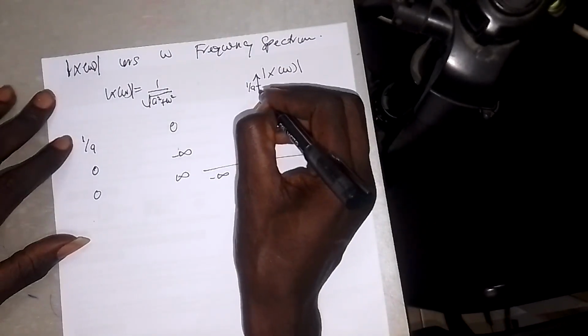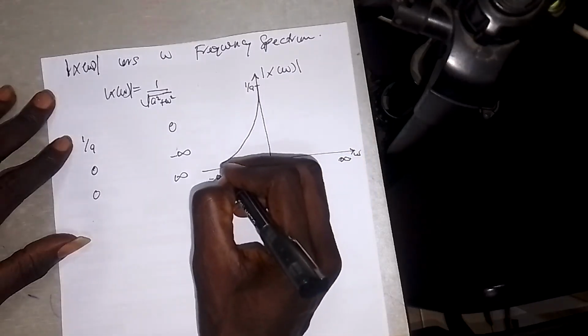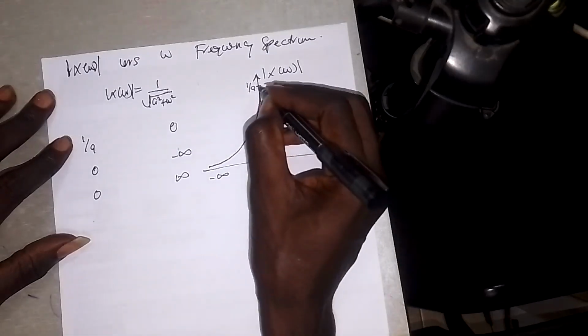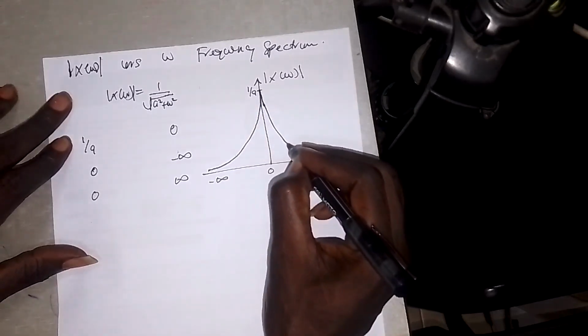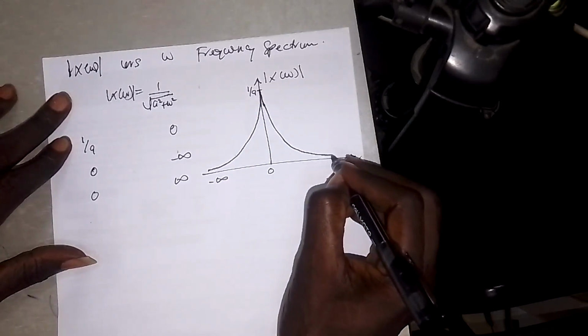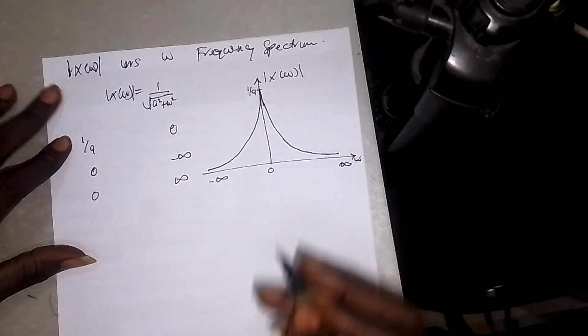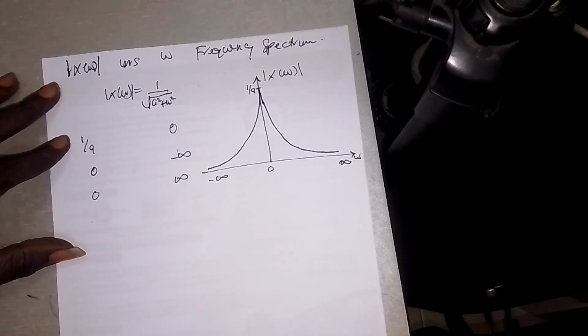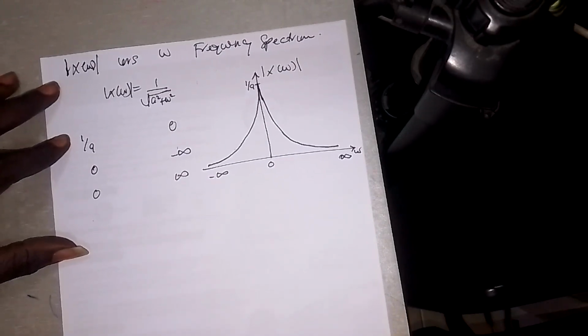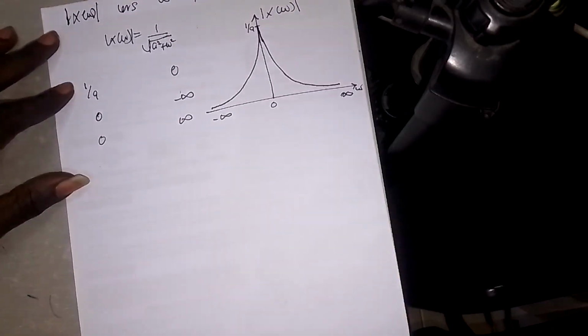That means this one will come somewhere close, but it will not really touch. And this one will also come somewhere close, but it will not really touch. So this becomes the frequency spectrum, or the magnitude spectrum, as it's popularly called.